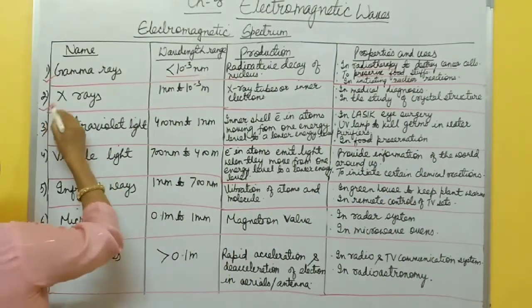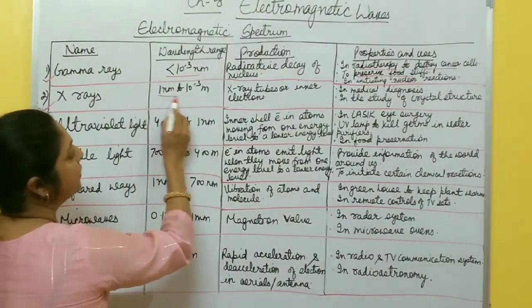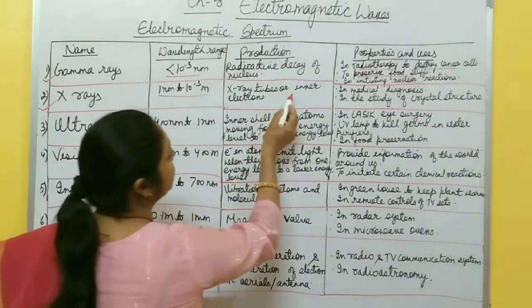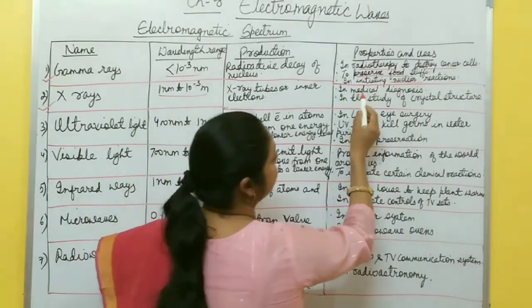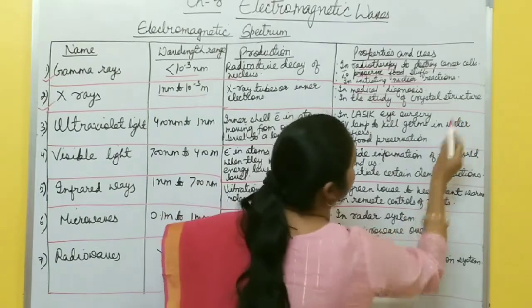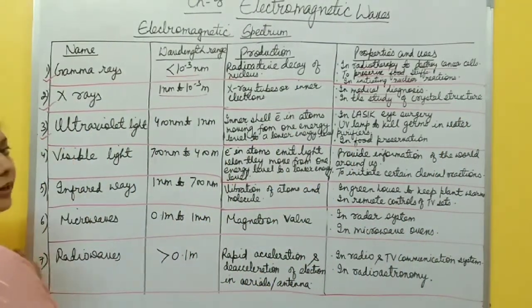Second one is X-rays. Its wavelength range is 1 nanometer to 10 to the power minus 3 nanometer. It is produced by X-ray tubes or inner electrons, and it is used in medical diagnosis and also in the study of crystal structure, right? Next, number 3, ultraviolet ray.